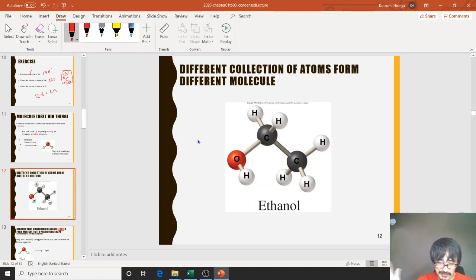In fact, everything that you can see around you is a type of molecule. The simple one is ethanol. Ethanol looks like water, but it actually has C2H5 on one side and OH on the other side. So there are millions of molecules that you can come up with, and you're going to deal with molecules from this point on in this class.